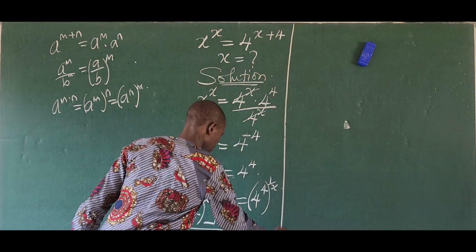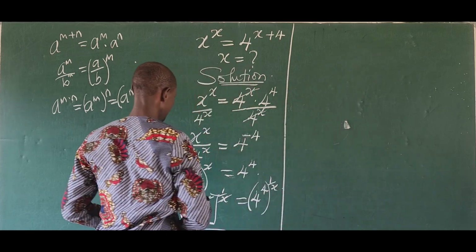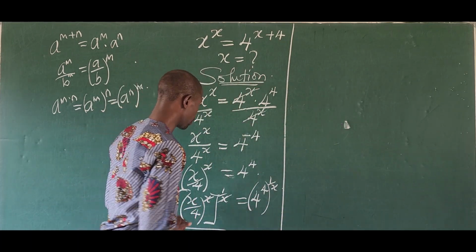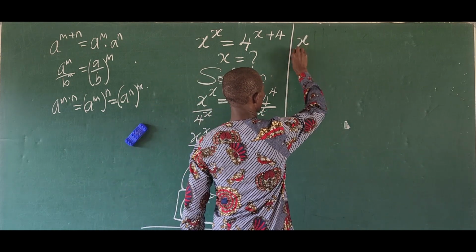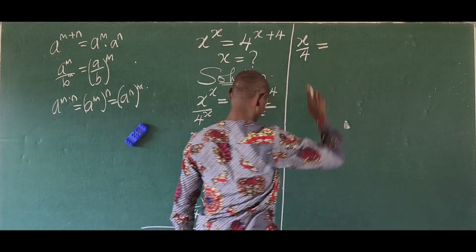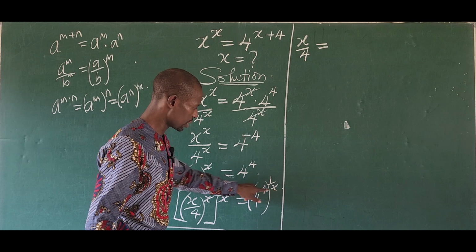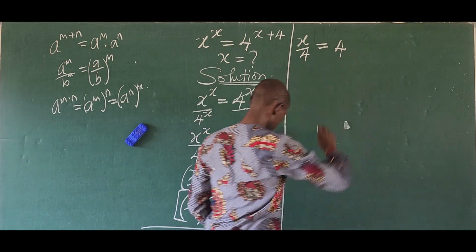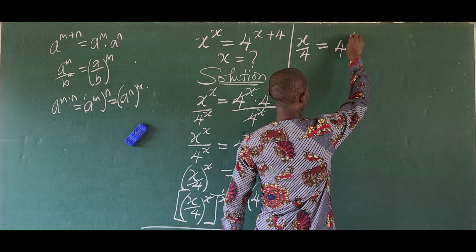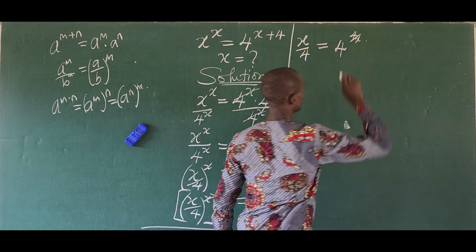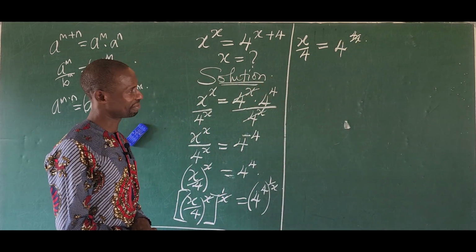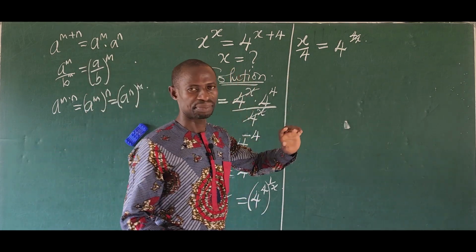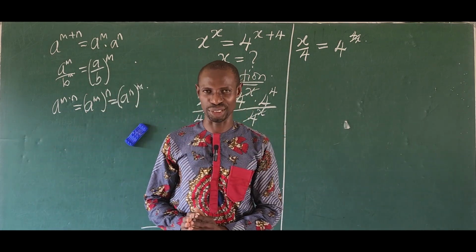With that, we have a very nice expression: x over 4 only equals 4 to the power of 4 all over x. Easy. Wow.